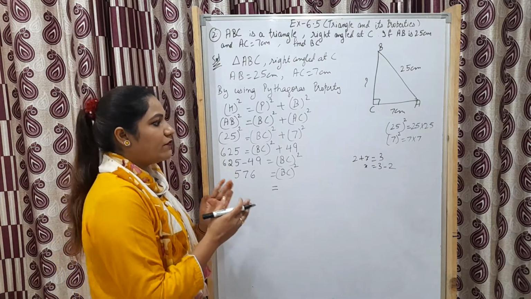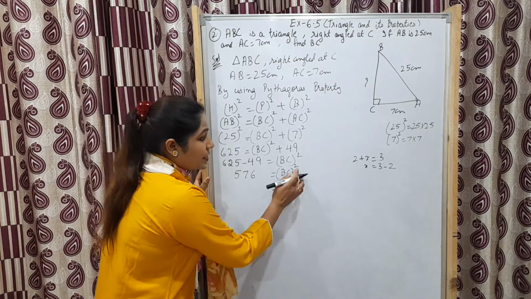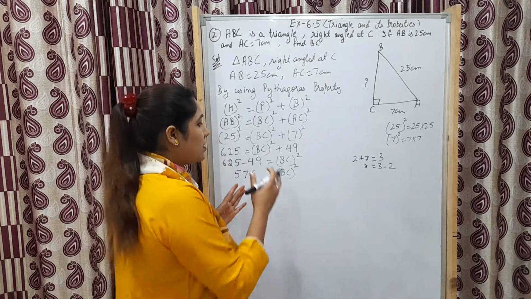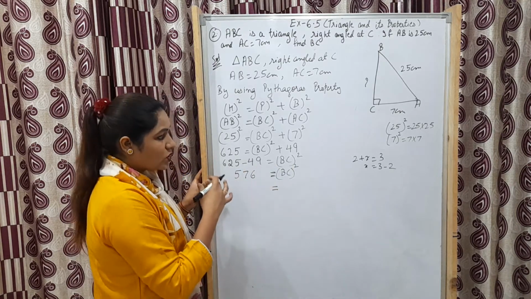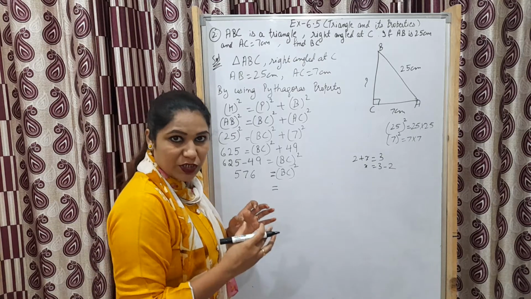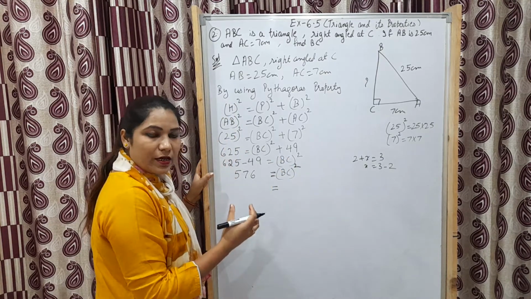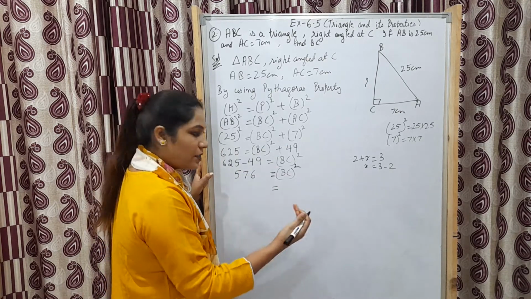That we have done in simple equations. In this, square will become square root. Remember this thing. This is also an equation, and when we solve any kind of equation and a square comes, when it goes to the other side, it will convert into square root.